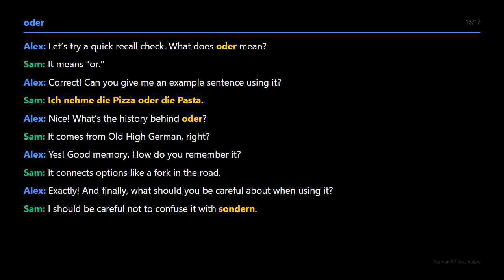What's the history behind oder? It comes from Old High German, right? Yes. Good memory. How do you remember it? It connects options like a fork in the road. Exactly. And finally, what should you be careful about when using it? I should be careful not to confuse it with sondern.